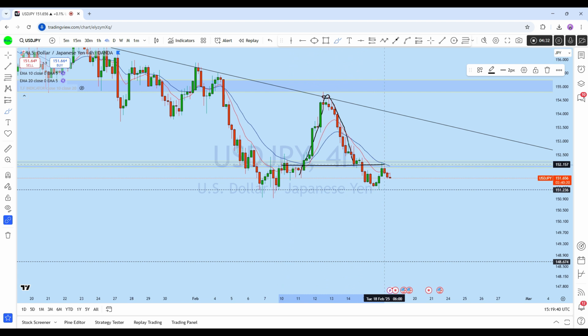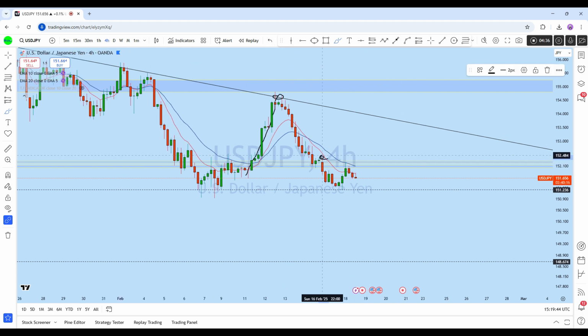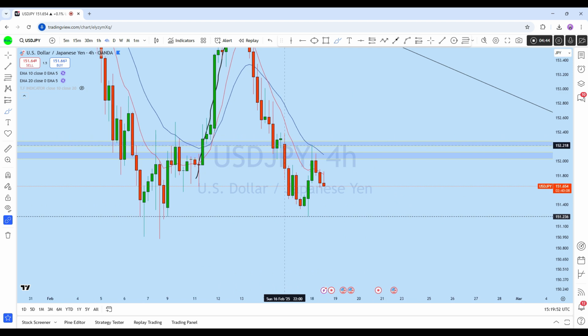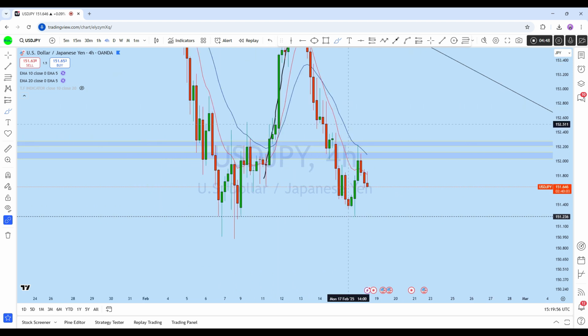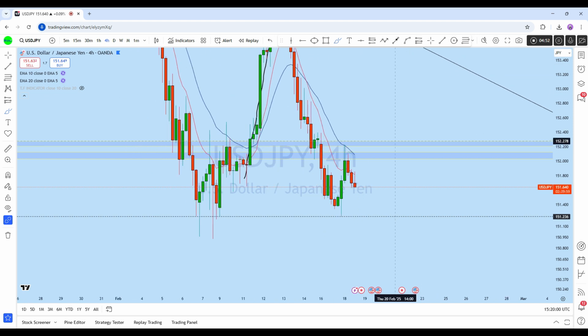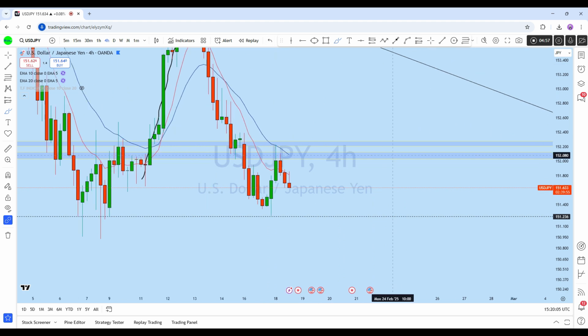Upon dropping to that level multiple times, it grabbed liquidity, and from this support level there is also a bounce here. At the moment this is a high liquidity zone, where there is an important retest of the 20 EMA from the 4 hour perspective, and the price is showing significant bearish pressure.